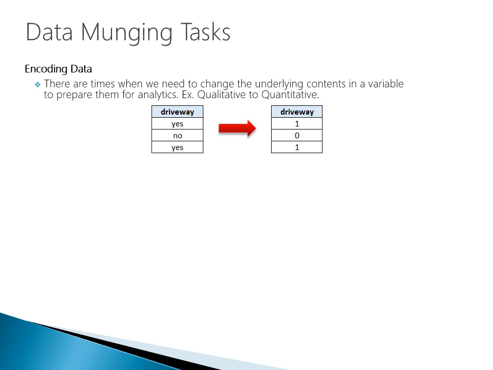So there are instances where we want to keep driveway as yes or no, and then there are instances where changing it to a numeric value offers value in the overall predictive model building process.